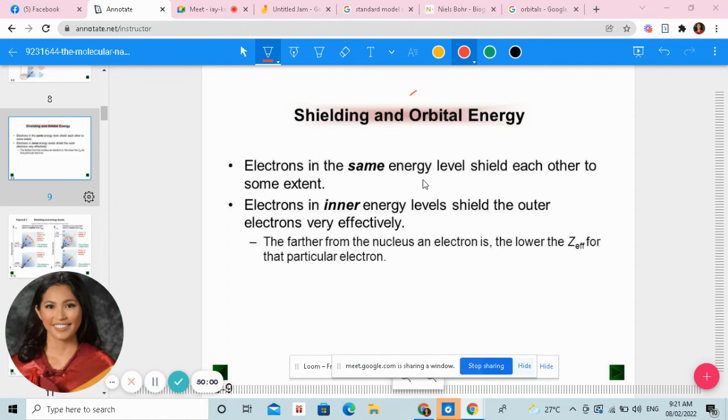Electrons in the same energy level shield each other to some extent. Electrons in the inner energy level shield the outer electrons very effectively.